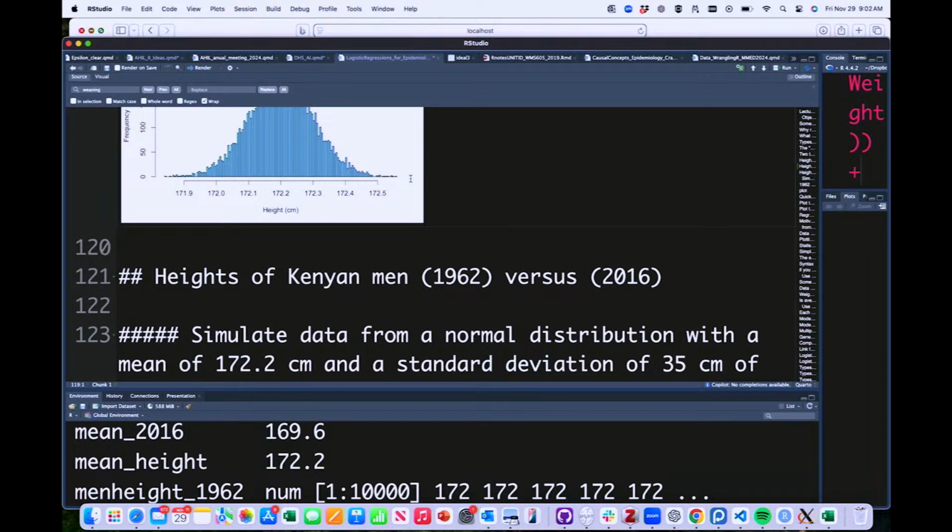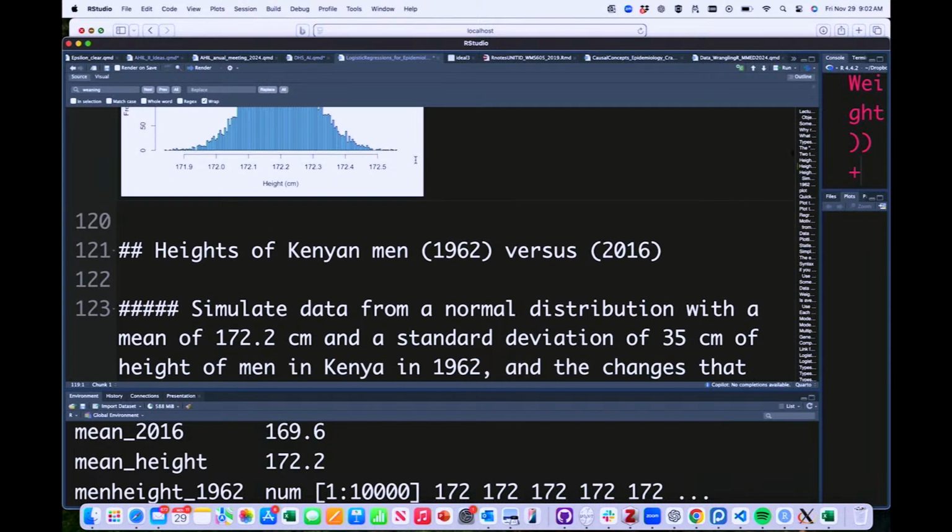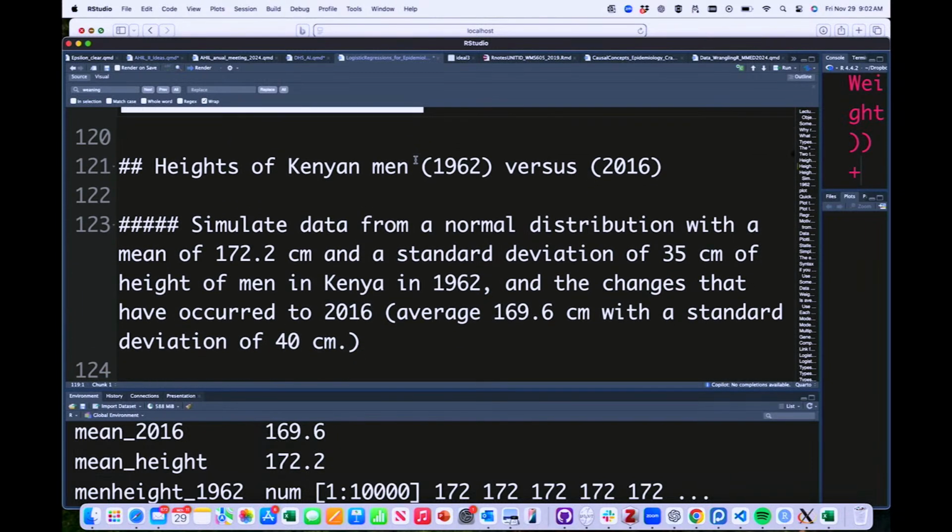If you end up taking data and everybody was recorded as above 1.5 meters, then there is nothing that you can model, because the outcome is not varied. Okay, so then you could go to, now we had 1962 men.